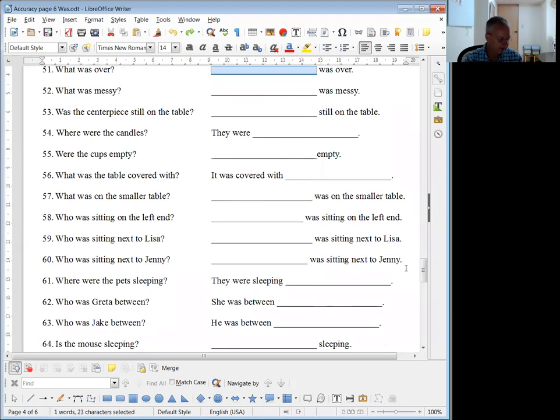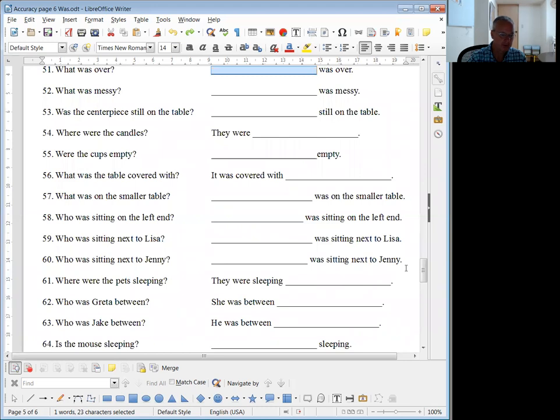It is 8:45 and dinner is over. The dining room table is very messy. It is covered with plates, cups, spoons, and forks. Both red candles are still in the middle of the table, but not the centerpiece.